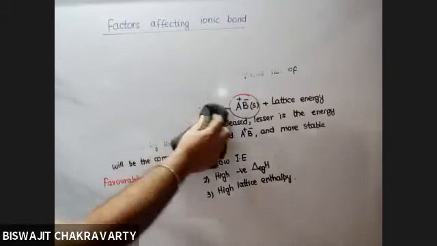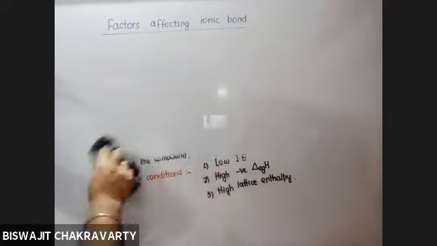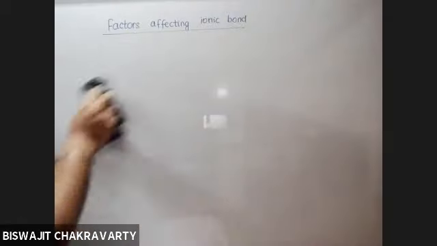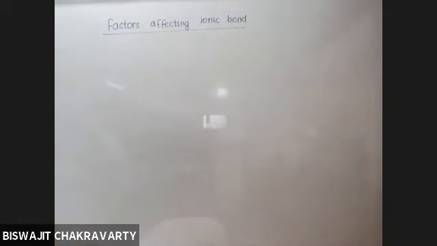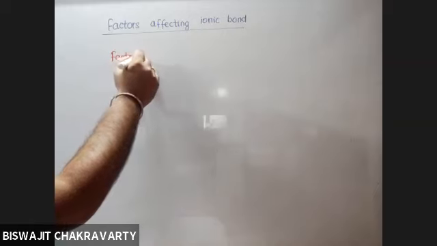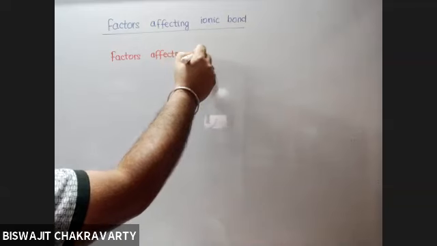So remember the 3 favorable conditions for formation of ionic compound: low ionization energy, high negative electron gain enthalpy, and high lattice energy. Now, let us try to understand lattice energy in a much broader way. We have defined what lattice energy is, but now let us talk about the factors affecting lattice energy.